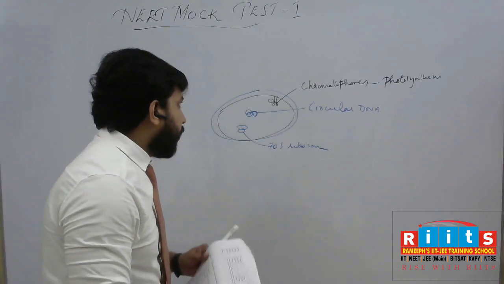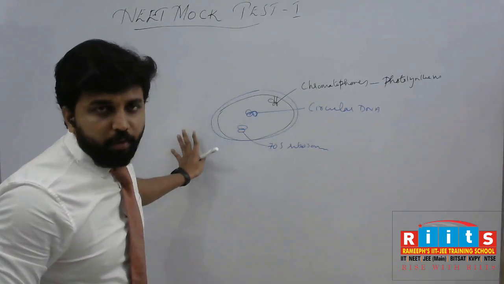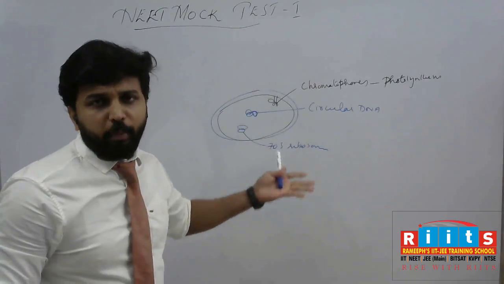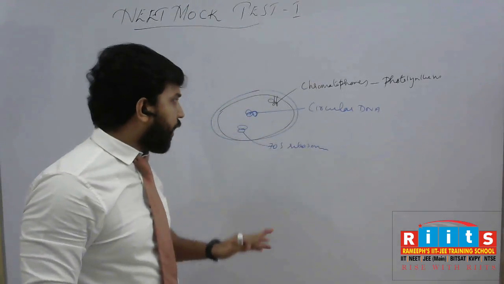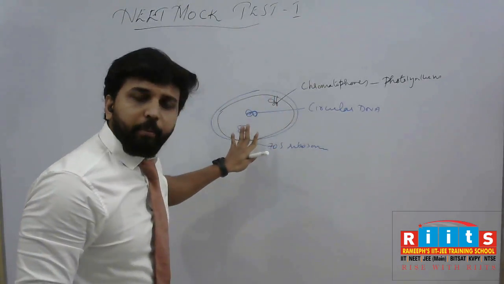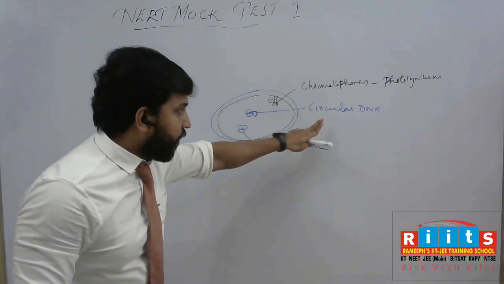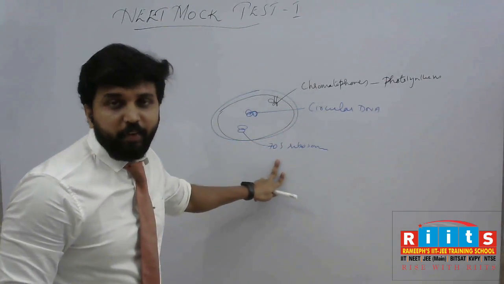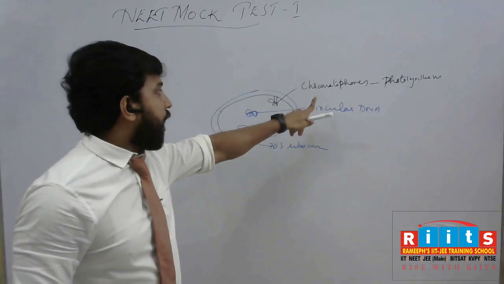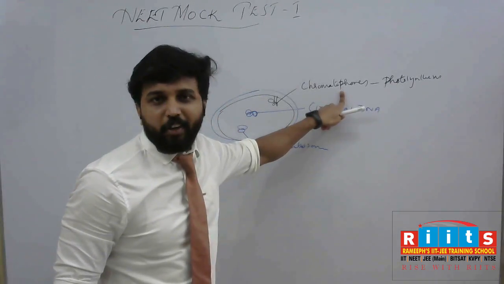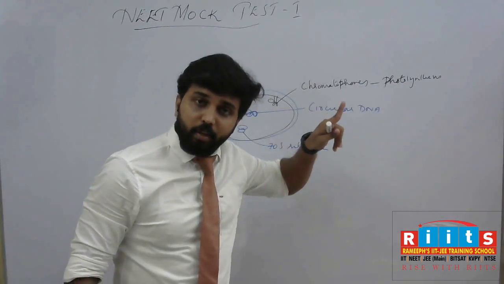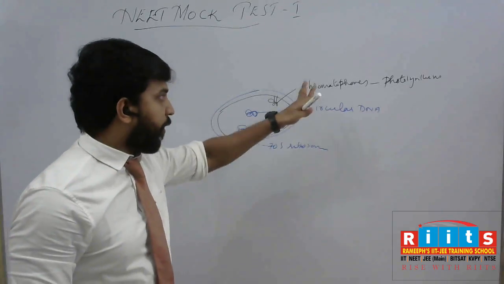So this is the structure of a normal photosynthetic bacterium or blue-green algae. Here it's clearly shown that bacteria and blue-green algae consist of circular DNA, the 70S ribosome which is non-membranous, and chromatophores similar to the chloroplast in higher organisms, which also perform photosynthesis.